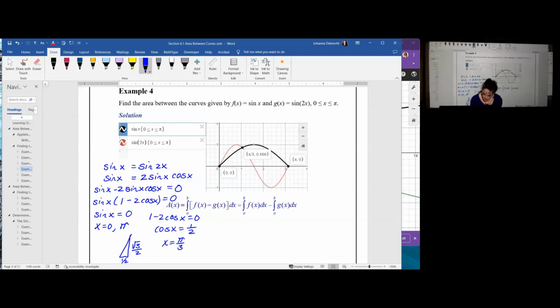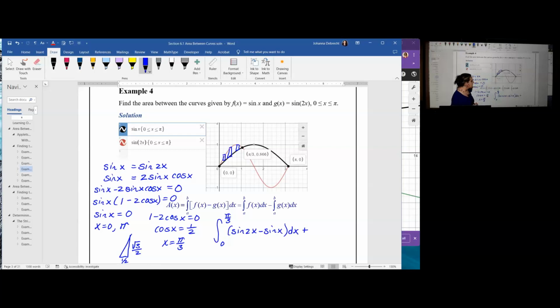On the first one, when we draw our strips from the left to the right, notice that the red graph, the sine of 2x, is always on top. So from 0 to pi divided by 3, we're going to have sine of 2x minus the sine of x. And our differential is dx.